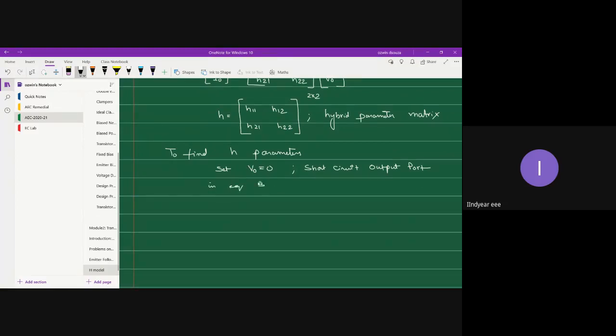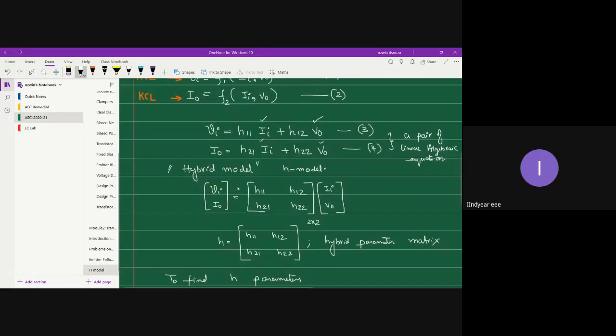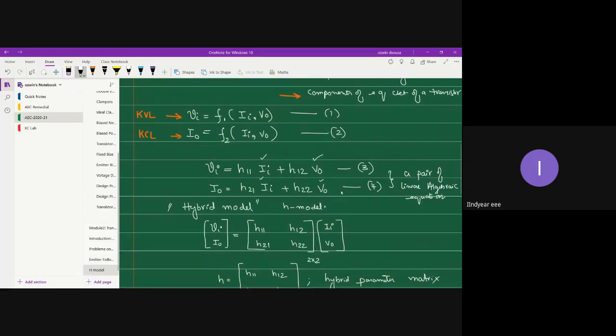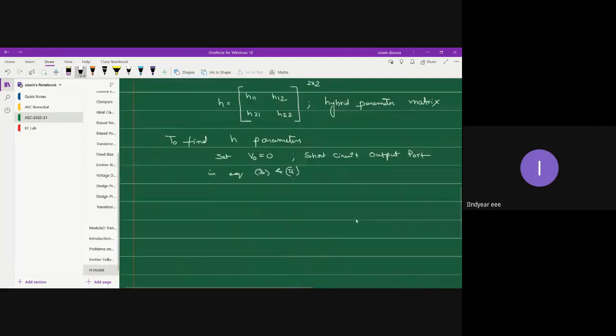So when you force V naught equal to 0, by creating a short circuit across the output port, what do you get? You get Vi is equal to H11 into Ii, and the second term becomes 0. So from equation 3, Vi is equal to H11 into Ii, and from equation 4 you get I naught is equal to H21 into Ii.